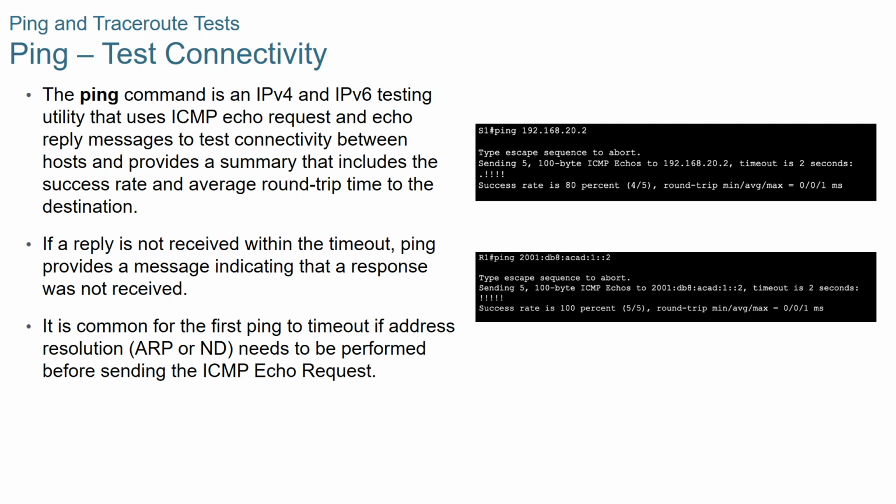It is common for the first ping to timeout if address resolution, ARP or neighbor discovery, needs to be performed before sending the ICMP echo request. So essentially, if you do a ping on a new part of the network that hasn't been used before, where you haven't gone to a particular destination, then you're more than likely going to get a non-return on the first ping.